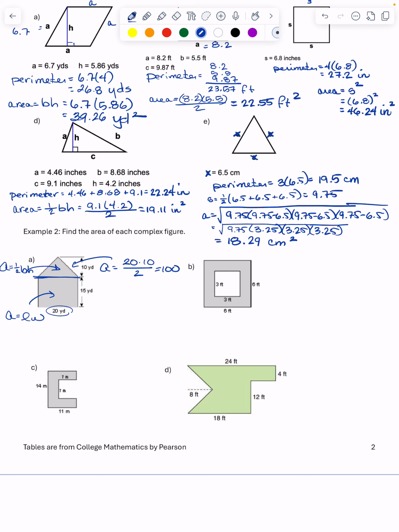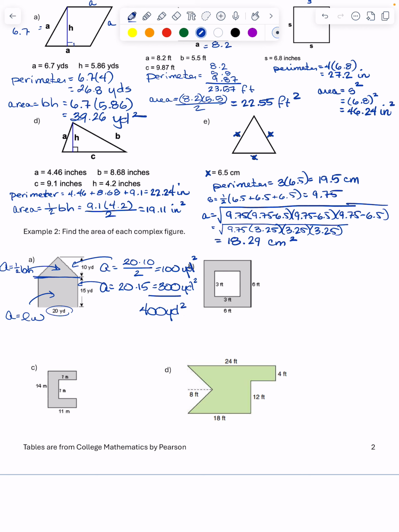My label is yards, and this is area, so it's square yards. The area of the rectangle down below is 20 times 15, which is 300 square yards. My total then is going to be those added together, 400 square yards.